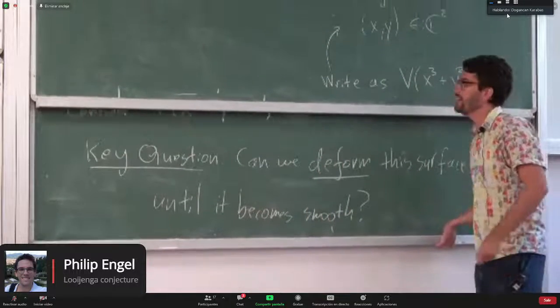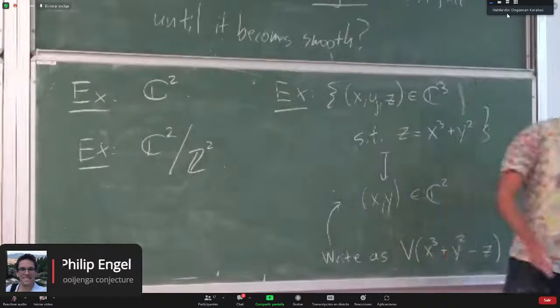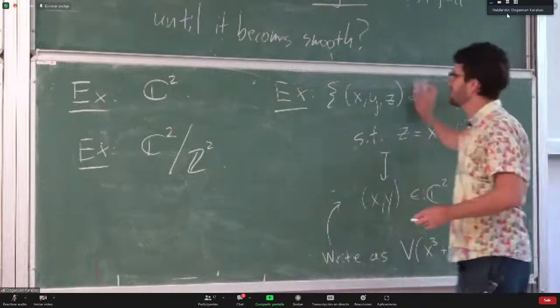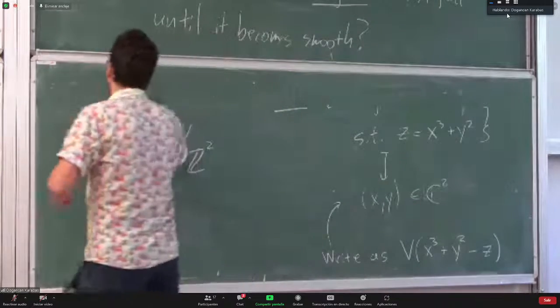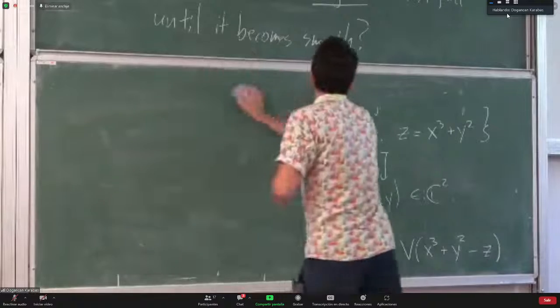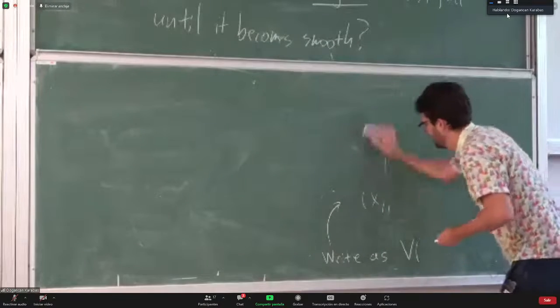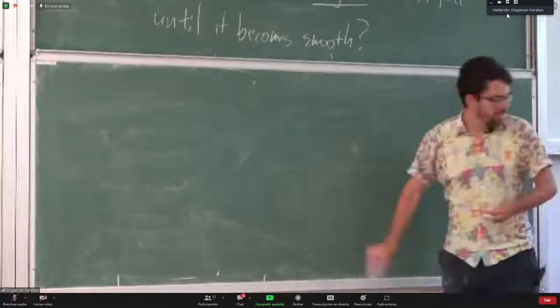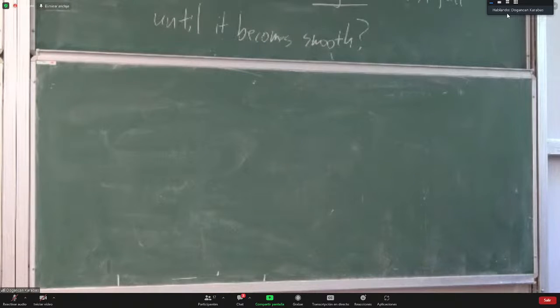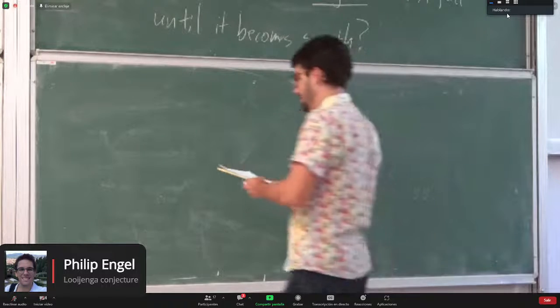What do I mean by deform? In this case, it just means that we deform the equation that we started with. So we're going to introduce a variable t. This new variable t is going to be our smoothing parameter.